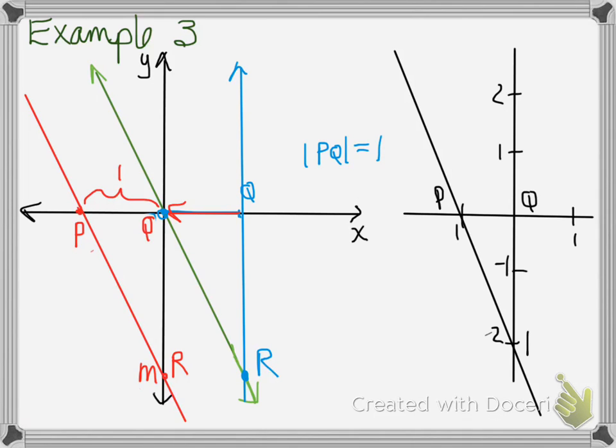And here is our point R. So notice the y-coordinate of point R is negative 2. It's this distance right here from the origin to that y-coordinate. So this explains geometrically why, moving from left to right, a declining line is going to end up with a negative value for slope.